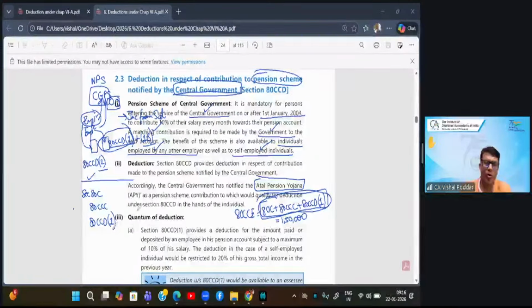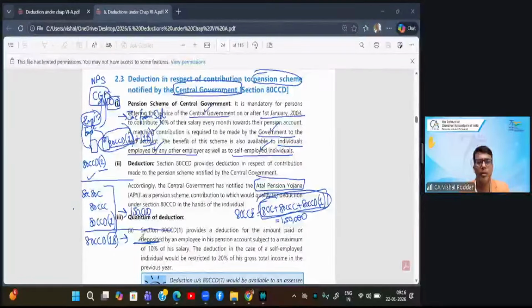This deals with your contribution. Combined maximum limit is 150. Then you have 80CCD1B. This is your contribution only, but your additional contribution. This is not covered in the 150 limit. You have a separate limit for this.